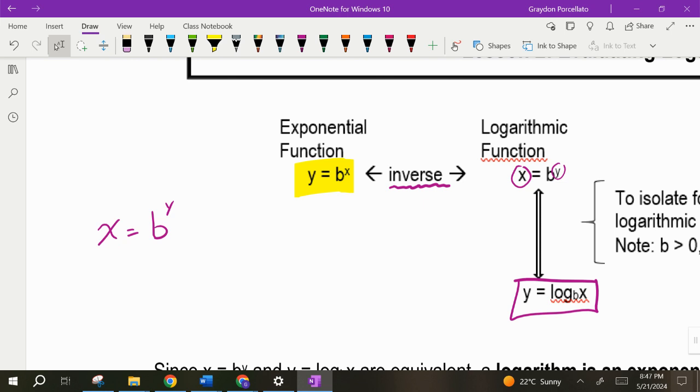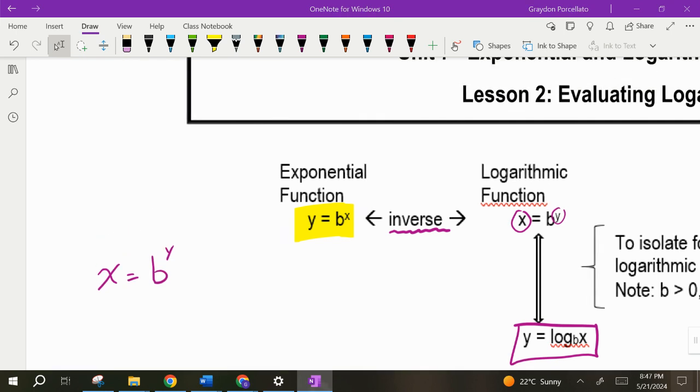Okay, just like adding is the opposite of subtracting, or dividing is the opposite of multiplication, or the square root is the opposite of squaring something, or we would say inverse. Taking the log is the opposite.